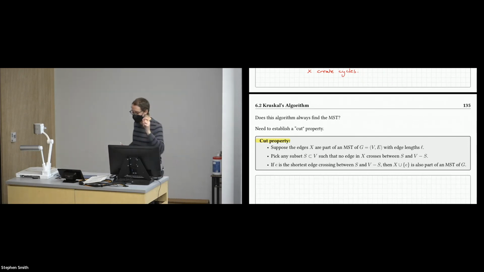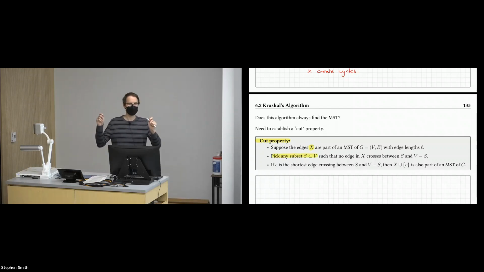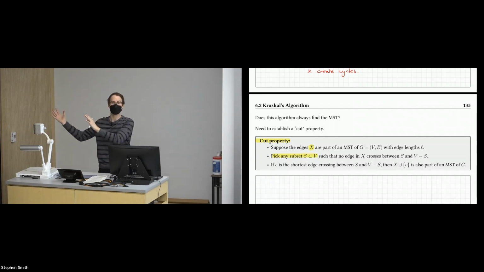Let's say I have a partial solution, basically. I have a set of edges, X, that are part of a minimum spanning tree of a graph. X is a partial solution. Now I pick a subset of vertices, S, such that in that partial solution, no edge crosses between the set S and all the other vertices. So V minus S is all the other vertices in the graph.